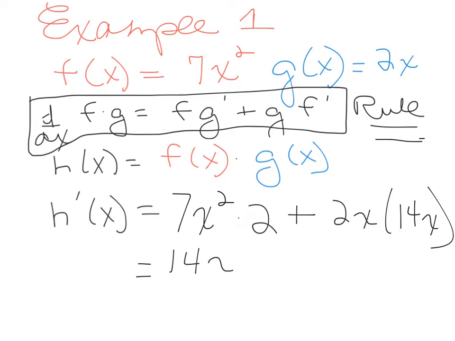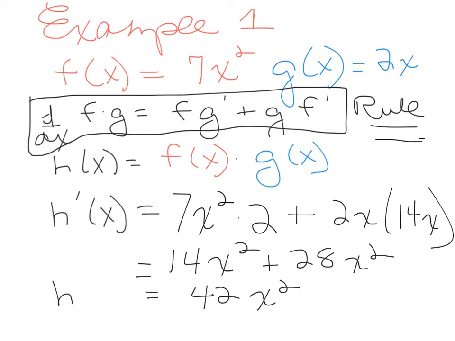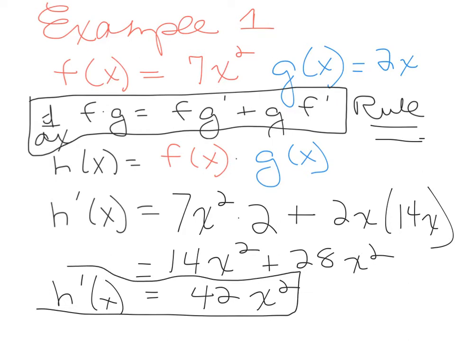That first product is 14x squared, plus 2x times 14x is 28x squared. And if I add them all together, because they have the same x squared, I'm going to end up with 42x squared. So h prime of x equals 42x squared, and that's our first example of the product rule.